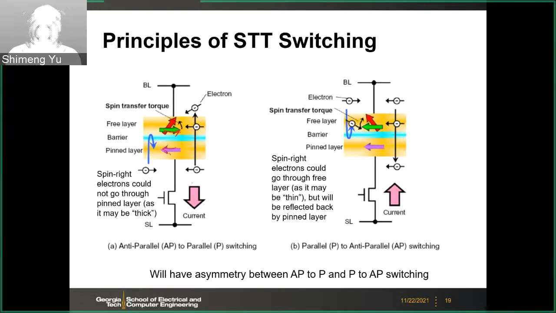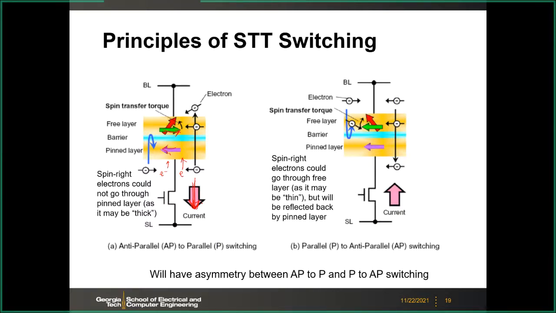And what we do is to apply current, relatively large current through this stack. This is the right current. So current flowing down, that means actually the electrons are injecting upward. The electron and current direction is opposite.